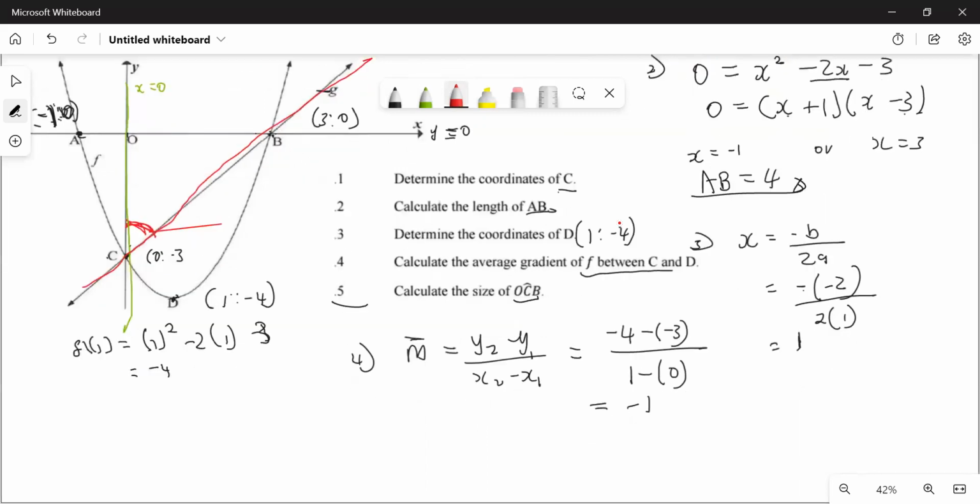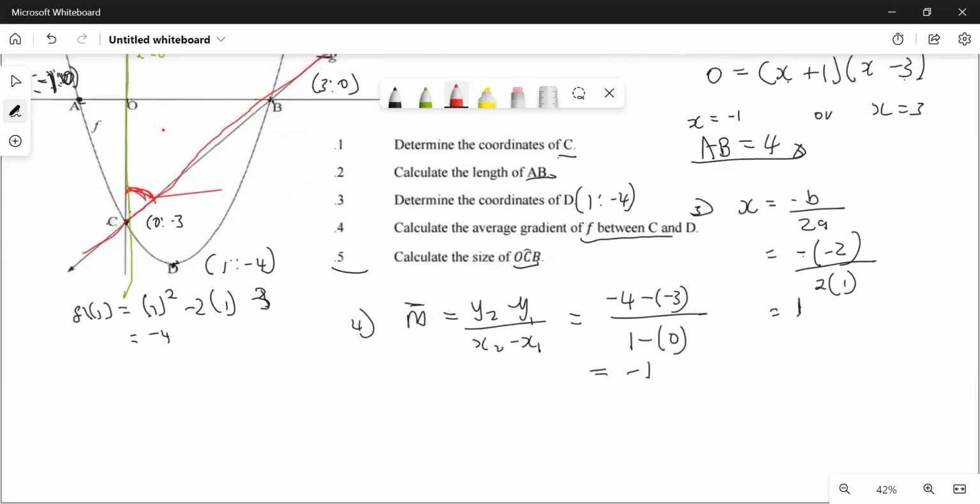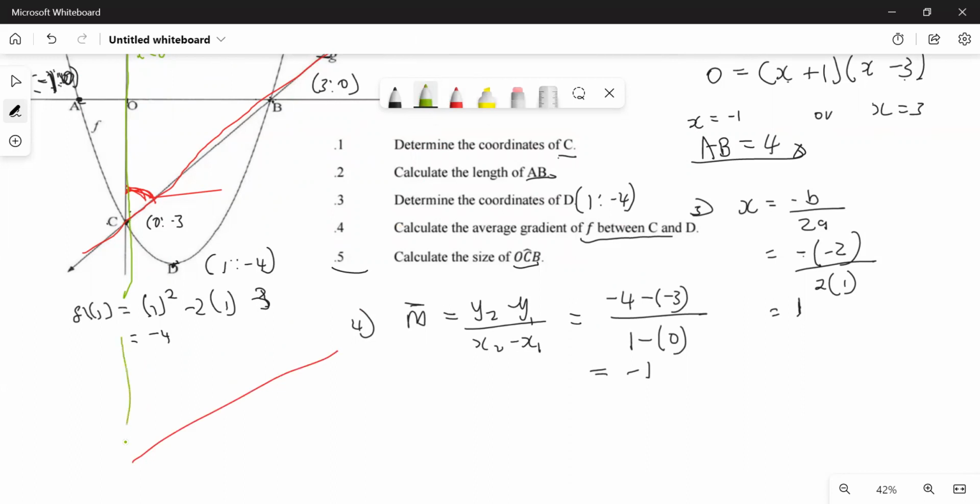And then remember, we're going to form a triangle with the x-axis. If we form a triangle with the x-axis, this is what we're going to have. Something that looks like this, and then it should intersect with your x-axis here. Now we're looking for this angle here.